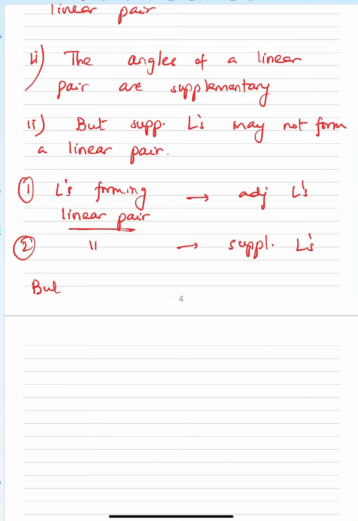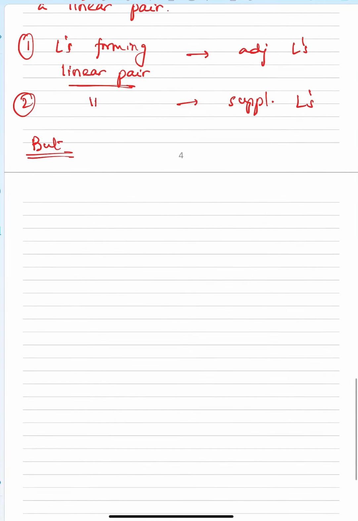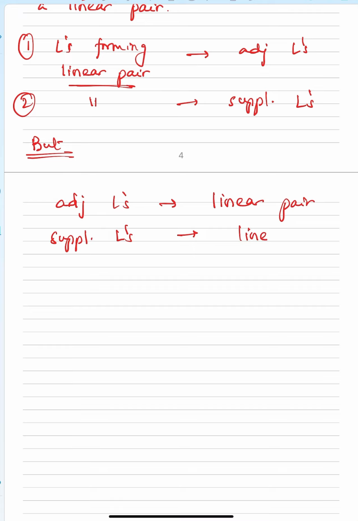But opposite to this, adjacent angles are not always a linear pair, and similarly supplementary angles may not form a linear pair. Correct? A linear pair can be adjacent and supplementary, but adjacent angles and supplementary angles may not be a linear pair. This you need to remember in linear pair angles.